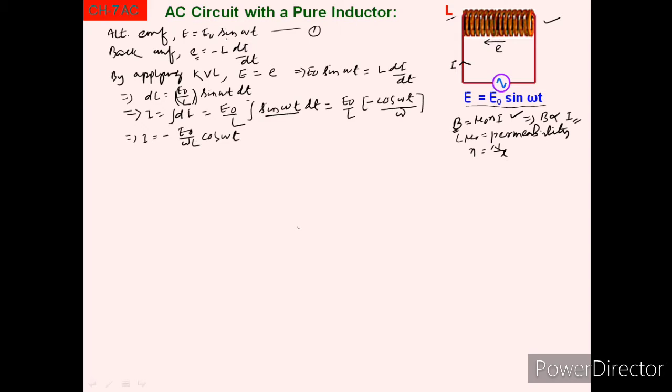But what we observe is that we applied the external EMF in the form of sin omega t, and we get the result of current in terms of cos omega t. So let's represent this cos omega t in the form of sin omega t, so that we can compare the current and EMF applied.